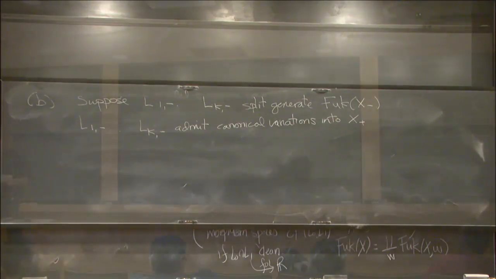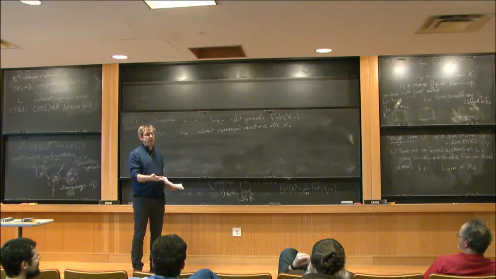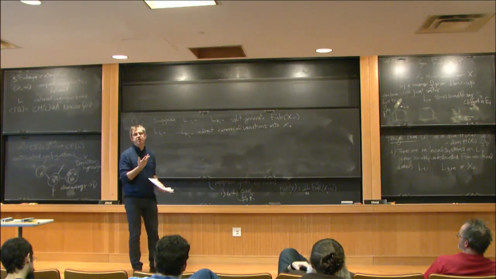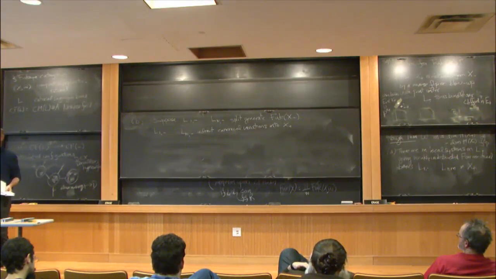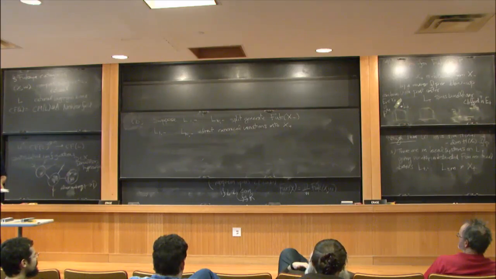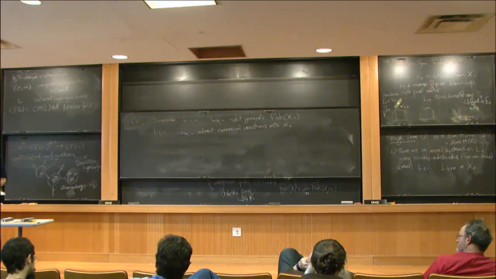Well, I'm changing the symplectic form as I go along. And there's no guarantee that I can move the Lagrangian along with this variation. Now, the variation that I'm doing is very special. It's in the canonical direction. And for a Lagrangian, at least an oriented Lagrangian, the restriction of the first Chern class to the Lagrangian is trivial, because the orientation gives you a trivialization of the canonical bundle.